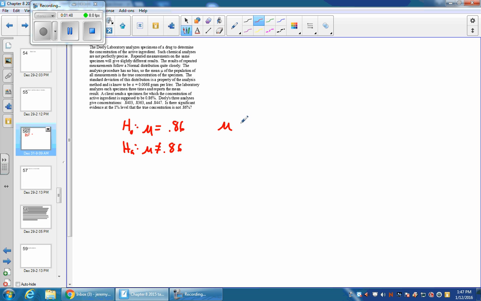Mu is the mean concentration for the specimen. We need our null, our alternative hypothesis, and we have to describe what mu is.